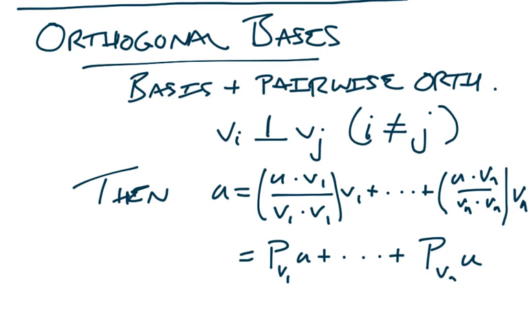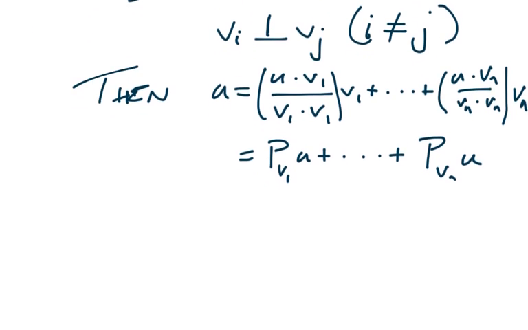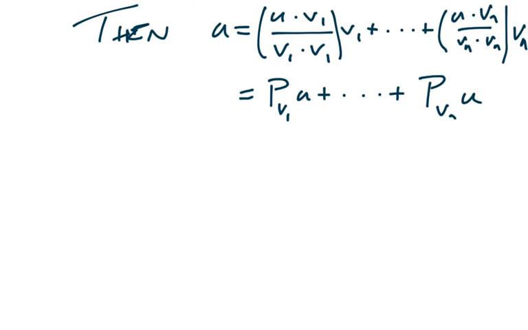So this is really quite nice, and what I want to do now is to try and make this a little bit better. Remember, the only thing I said that you could take umbrage with here is the fact that we have to divide by v1 dotted with v1 or v2 dotted with v2 and so on.